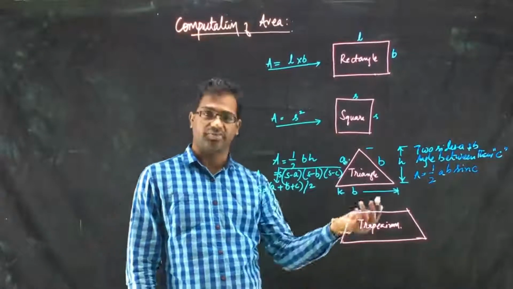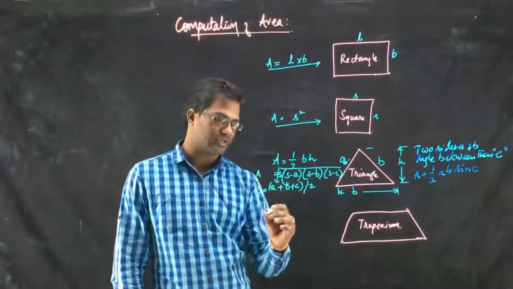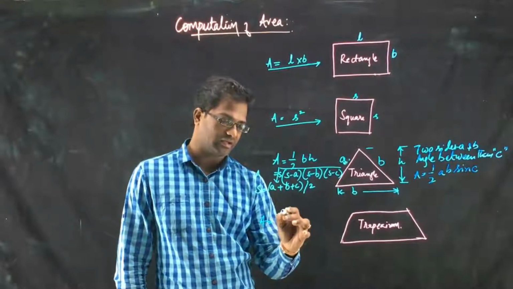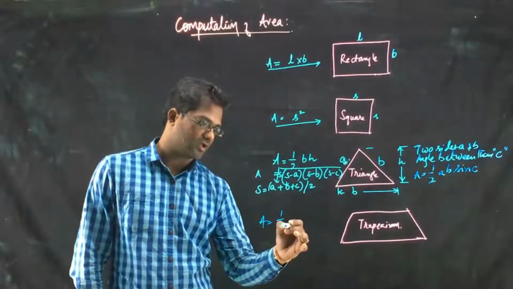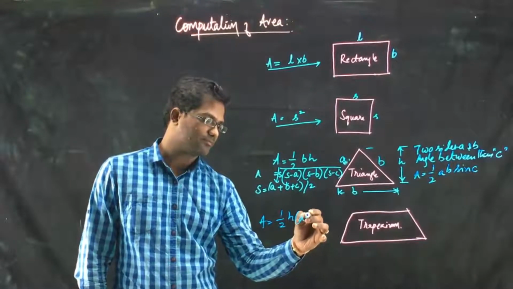And for the trapezium, we know the area is given by half h into A plus B.